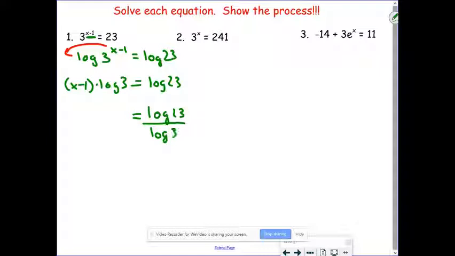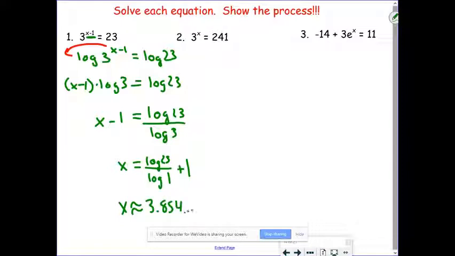And then I have x minus 1 on the left-hand side. How do I get rid of the minus 1? I add 1. So x is log of 23 over the log of 3 plus 1. If I want the decimal approximation, I could do that as well. That is 3.854, so about 3.9.